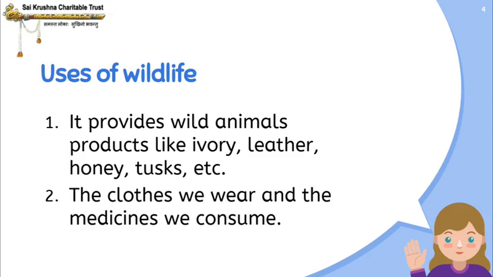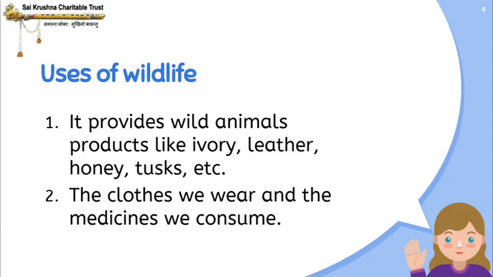And the clothes we wear. So what all kind of clothes do you wear? Cotton clothes, right? So you get cotton from where? You get cotton from a plant, right? So that is also the use of wildlife, because the cloth which is made of cotton, you get the cotton from the plant. And the medicines we consume.